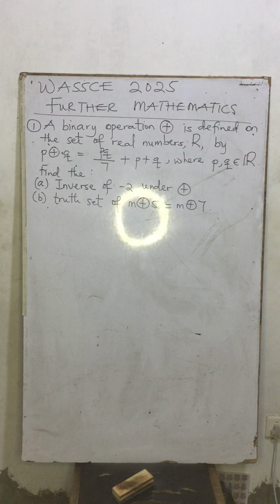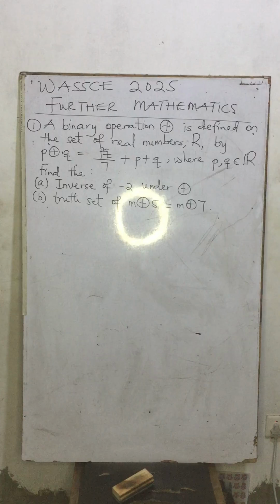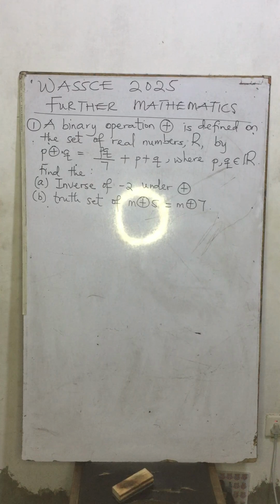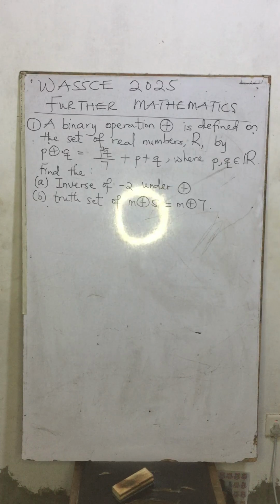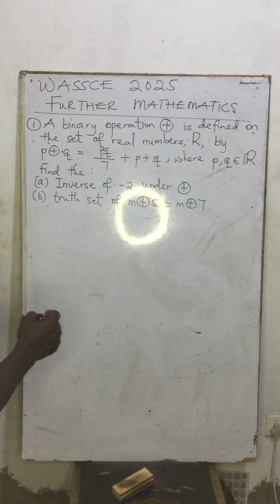So this is the question. A binary operation is defined on the set of real numbers R by P operation Q equals PQ over 7 plus P plus Q. Find the inverse of -2 under the operation. Alright, so let's solve it fast.